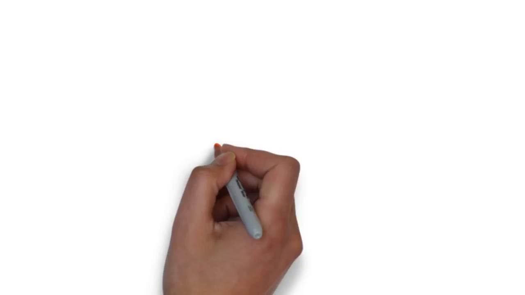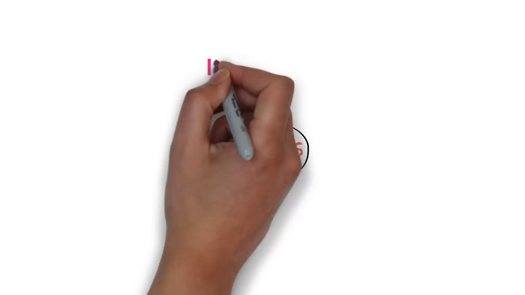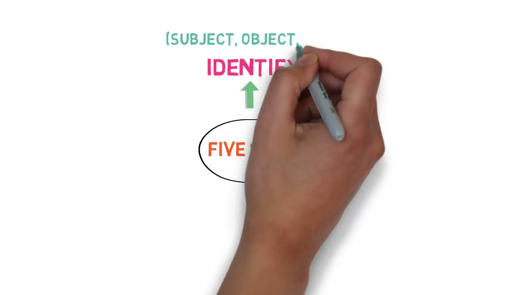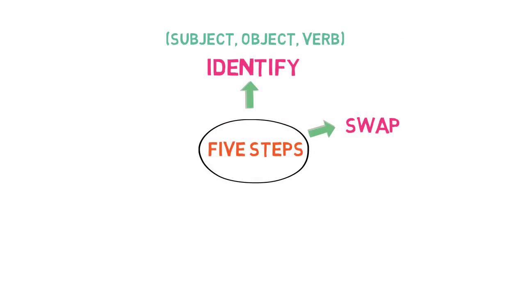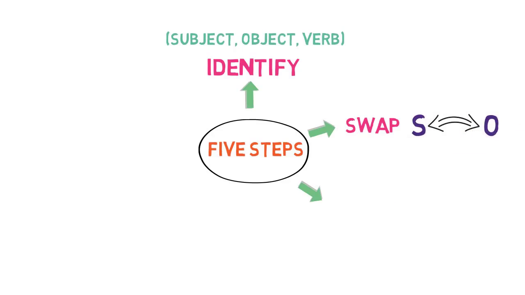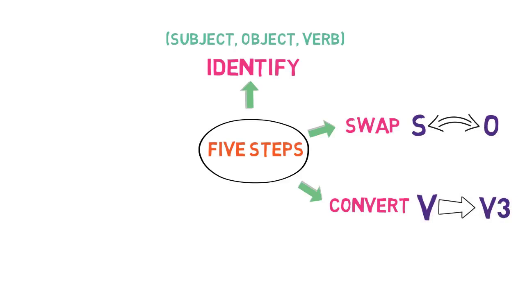There are basically 5 simple steps in converting an active voice to passive. Let's see them one by one. First, identify the subject, object and main verb in the sentence. Second, swap subject with the object and object with the subject. Third, convert the main verb into the third form of verb.